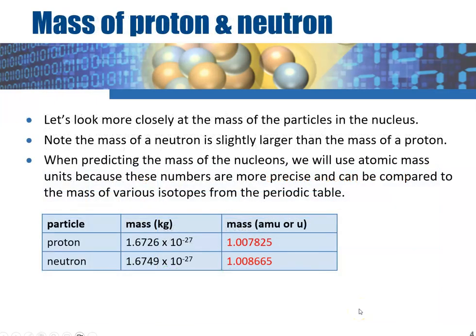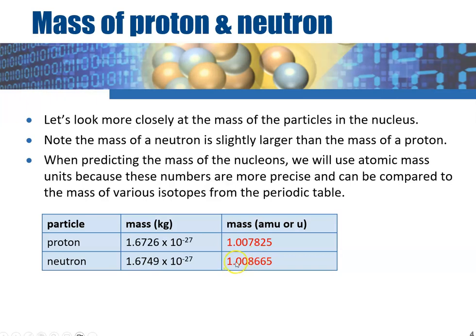All right, next, let's look at the mass of the particles that are in the nucleus. Let's look at the mass of the proton and the neutron. We'll look at them first in kilograms. So we notice that the neutron is slightly more massive than the proton. But it is going to be more convenient to talk about mass in atomic mass units for 2 reasons.